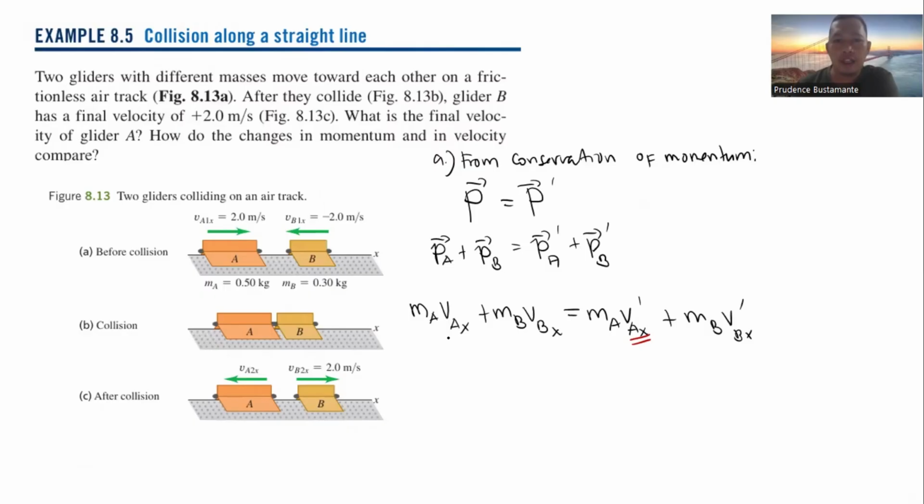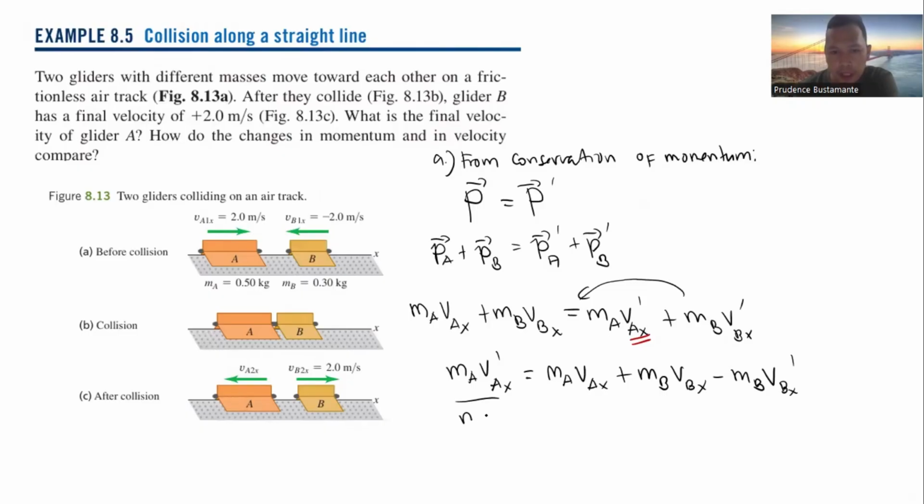To do this, let's rearrange this one. Let's put the A term on the left-hand side. So we have the mass of A times the final velocity of A prime is equal to the mass of A times the velocity of AX plus the mass of B times the velocity of BX, minus, because you transpose this one, MB times the velocity of B prime.